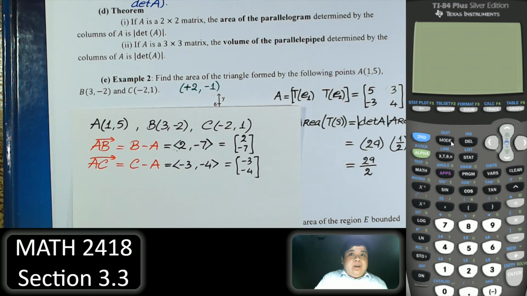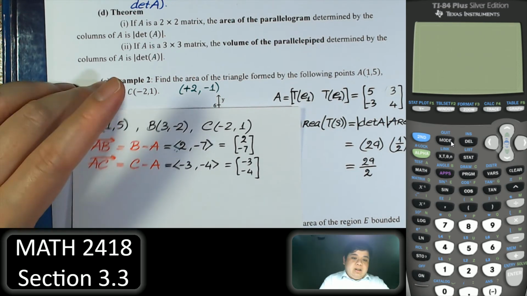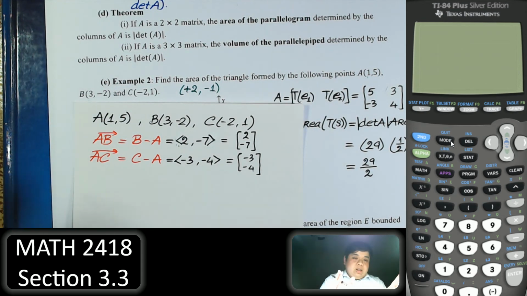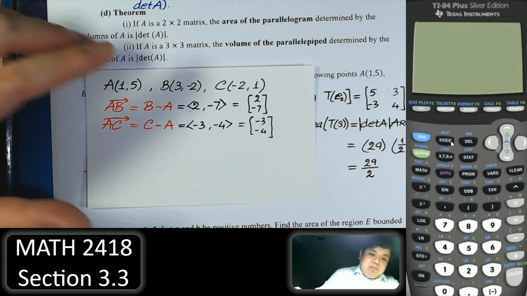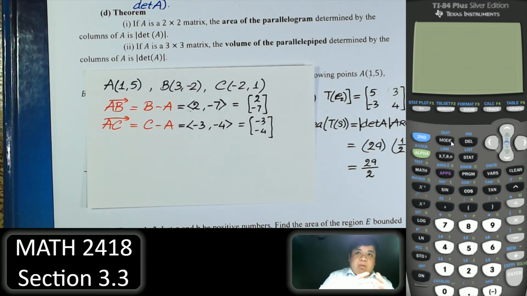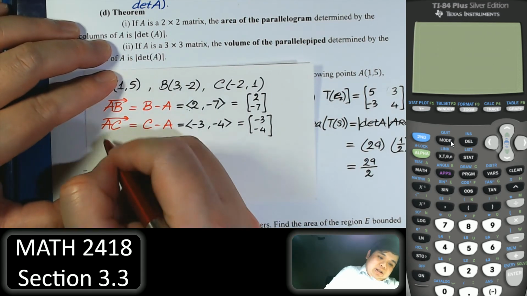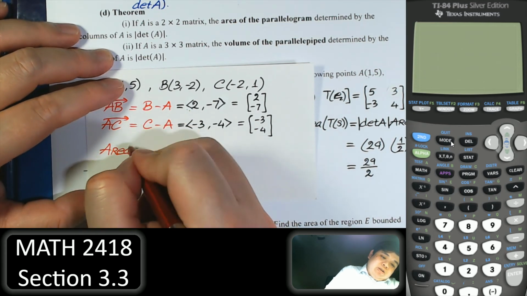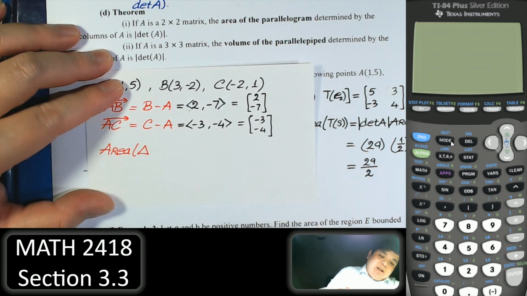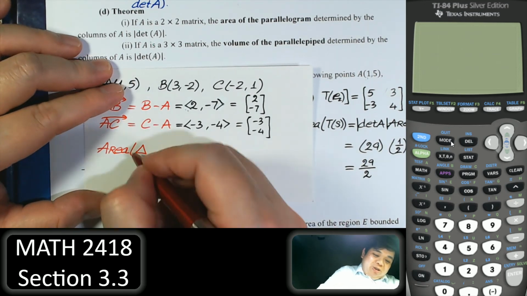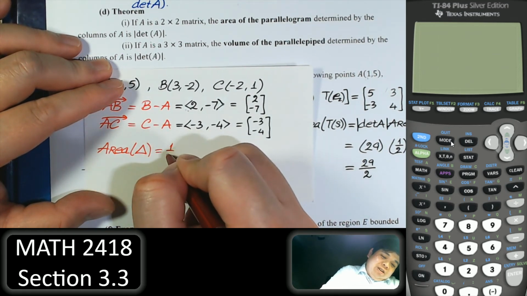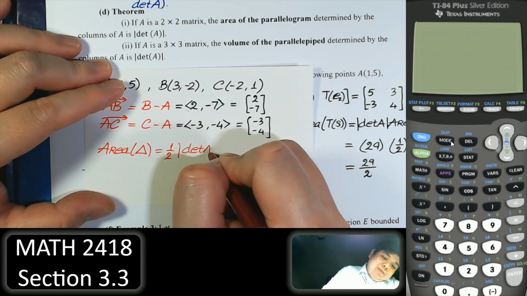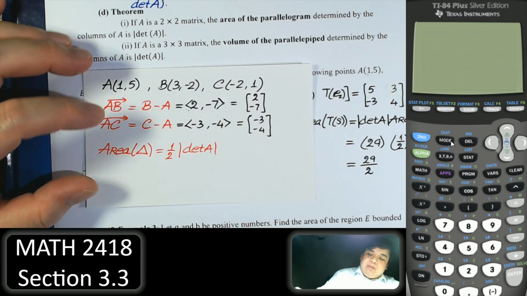Right, so this is a triangle formed by those two vectors. If it were a parallelogram, we would need 4 points, but the area of the triangle is of course half of that. So the area of a triangle is 1/2 the determinant of A, where A is formed by these columns.